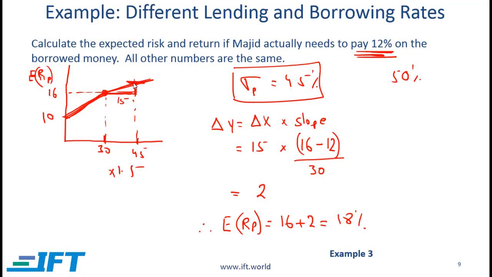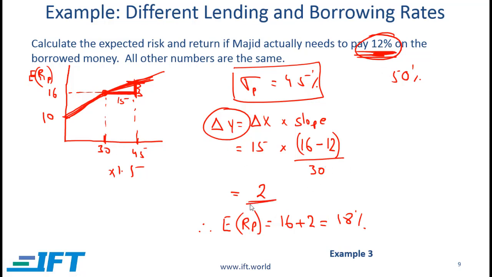To come up with that return, we use a basic mathematical concept. This is the change in y, this distance over here. That is equal to the change in x, which is this distance, multiplied by the slope. The change in x is 15. The slope is 16 minus 12 over 30, where 16 is the market return, 12 is the rate that is being paid, and 30 is the market risk, and we've seen this before.